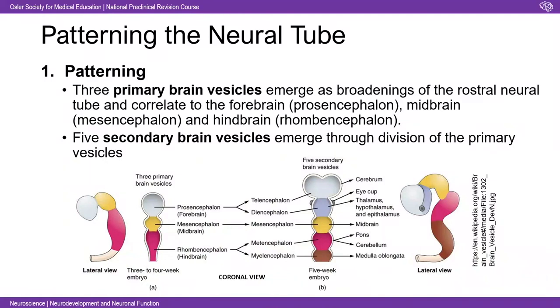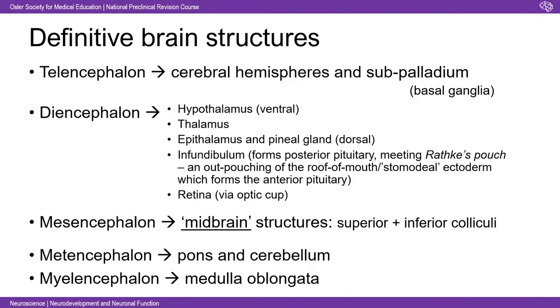These primary vesicles, as they grow and expand, also become divided, and that's how these 5 secondary brain vesicles emerge. These are the telencephalon and the diencephalon, which constitute the forebrain, the mesencephalon, which will become the midbrain, and the metencephalon and the myelencephalon, which are hindbrain structures. There are quite a lot of words to learn here, and it is probably going to be useful for you to have a rough idea of what structures are derived from these vesicles.